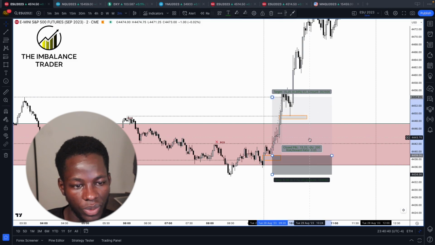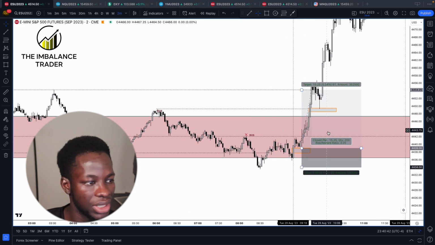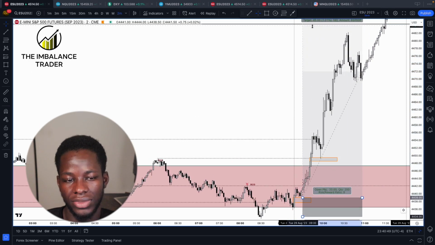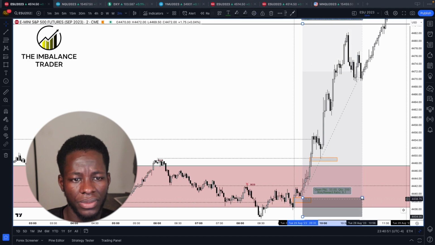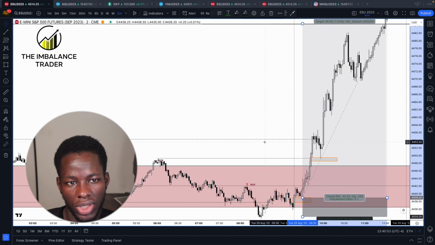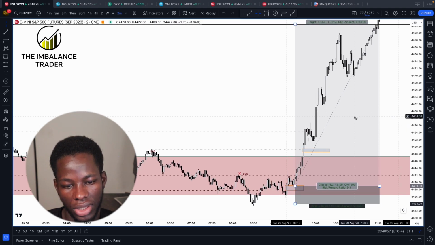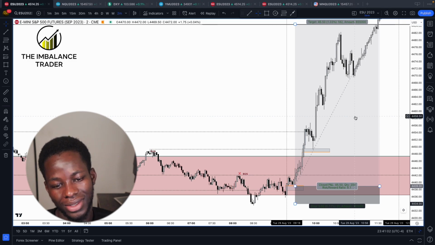If you were to take it here, you can just aim for that high. Price gets to that high, you get your 3R. It doesn't take much, about 30 minutes for the trade to be completed. Or you can take your partial and leave some runner, and that's basically the whole trade.